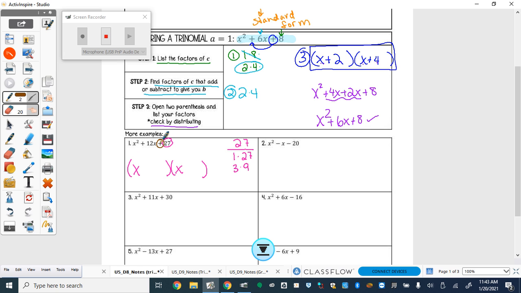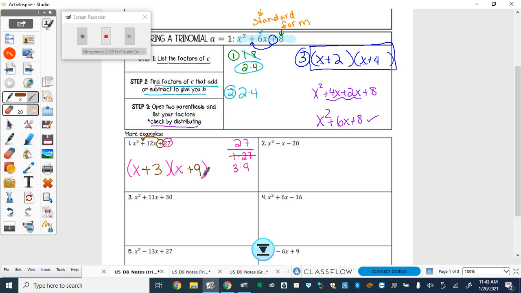So our numbers have to multiply to give us a positive 27, which means they're either both positive or they're both negative. This sign here tells me they're both going to be positive because they also have to add to be 12. So if I do 1 plus 27, I don't get 12, I get 28, so it's not those. 3 plus 9, there's my 12. So I'm going to put plus 3 and plus 9.